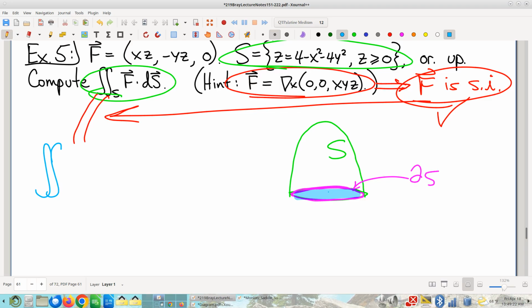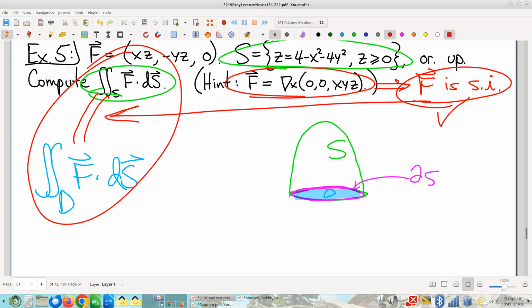Oh gosh, what am I going to call this? I'll call it D, I guess. Flux through D. Same vector field. F dot dS. Again, so this is surface independence.